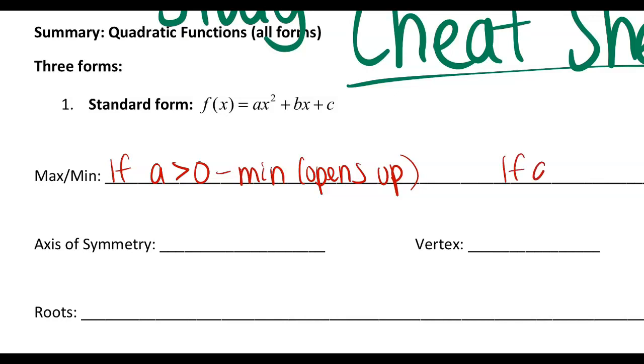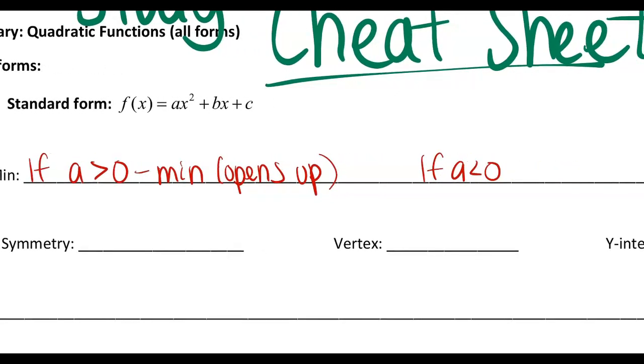What if your a value is less than 0, Nicholas? It'll be a maximum. And where do maximums open? This max and min stuff is going to be the same for all 3 parts, for intercept form and vertex. So if you want to copy that down in a second, you can.